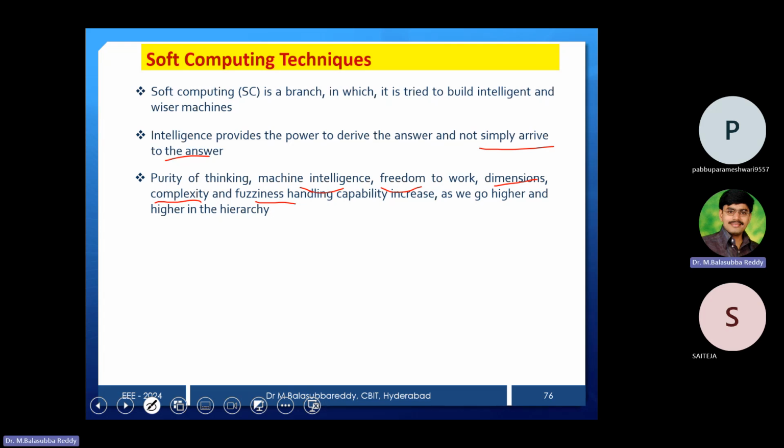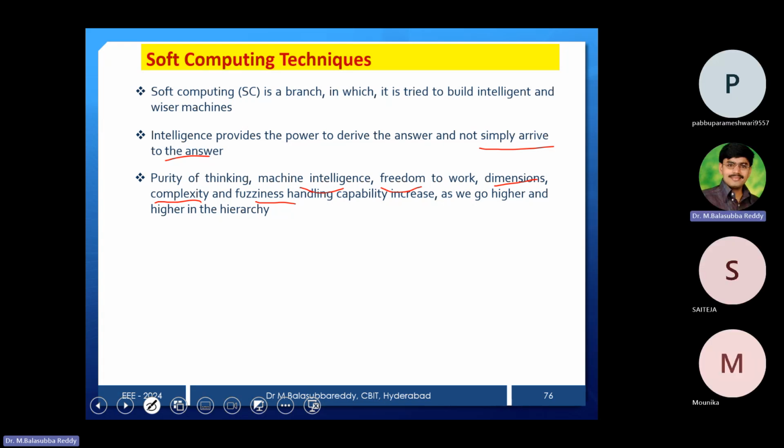These are all going to be advantages. Handling capacity will increase as we go higher and higher. So with these computational techniques, if I use them in any application, automatically the handling capability is going to be increased.